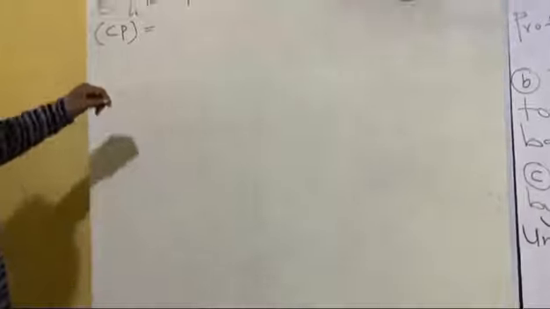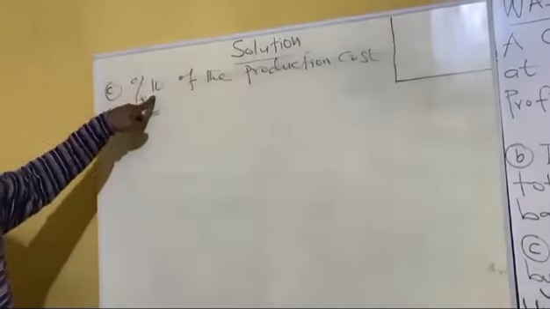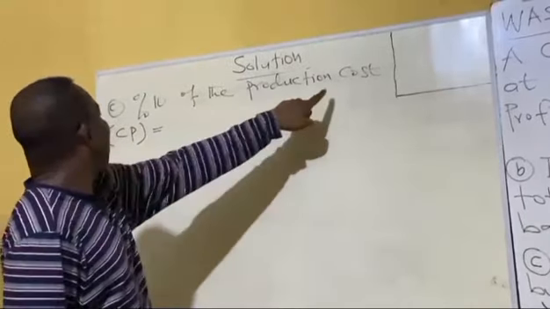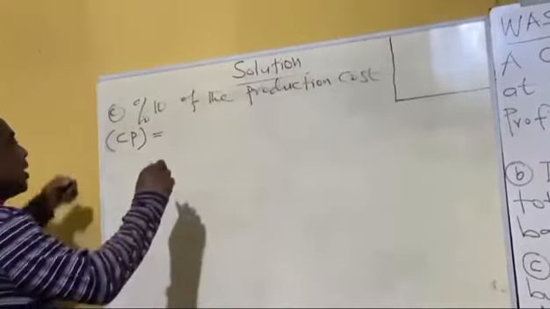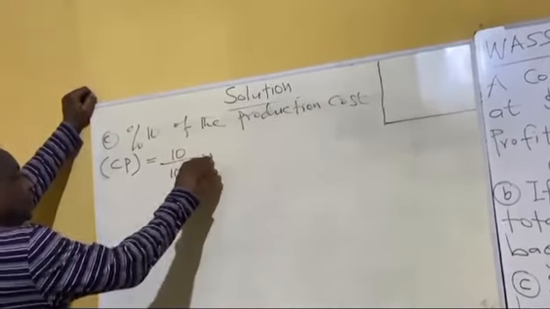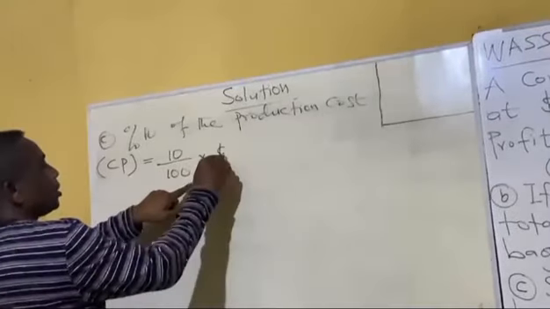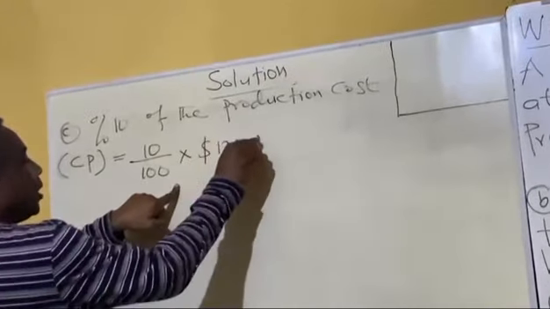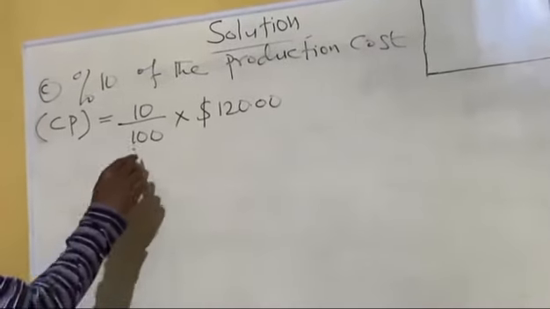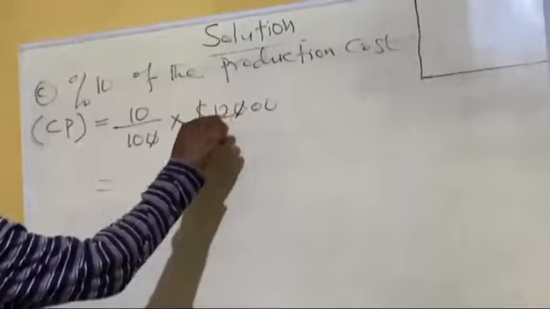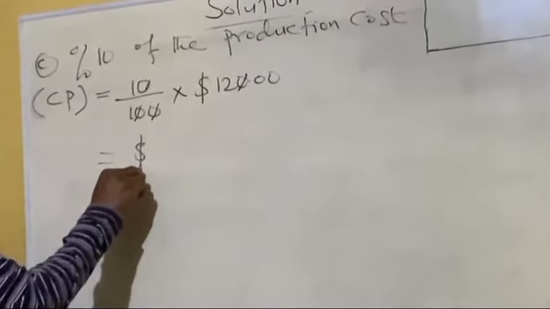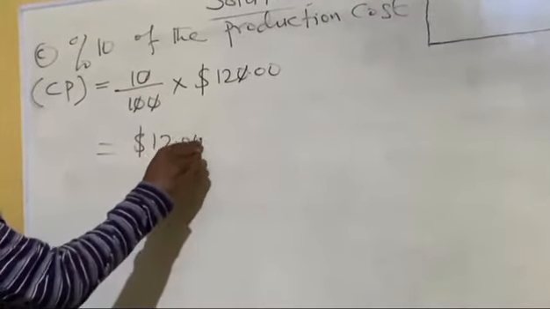Okay. 10% of the production cost, which is the cost price, is equal to 10 over 100 times the cost price, which is 120. Now, 0 cancels 0 here, and this 0 cancels 0 here. So it gives us 12 cedis.